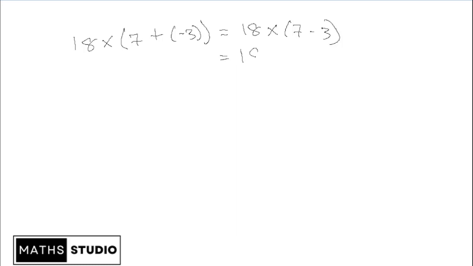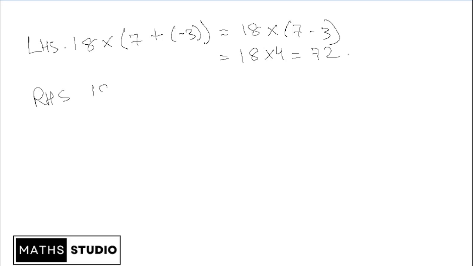In the left hand side, what do we have in question number 1? We have 18 into 7 plus minus 3. So what do we get? 18 into basically 7 minus 3, which is 18 into 4, which is 72. This is your LHS. Now let us look at the RHS.